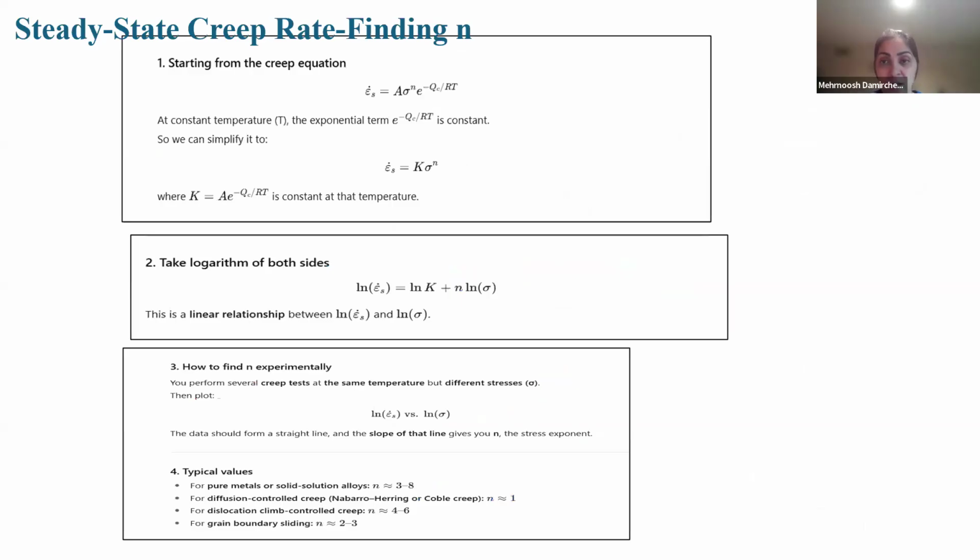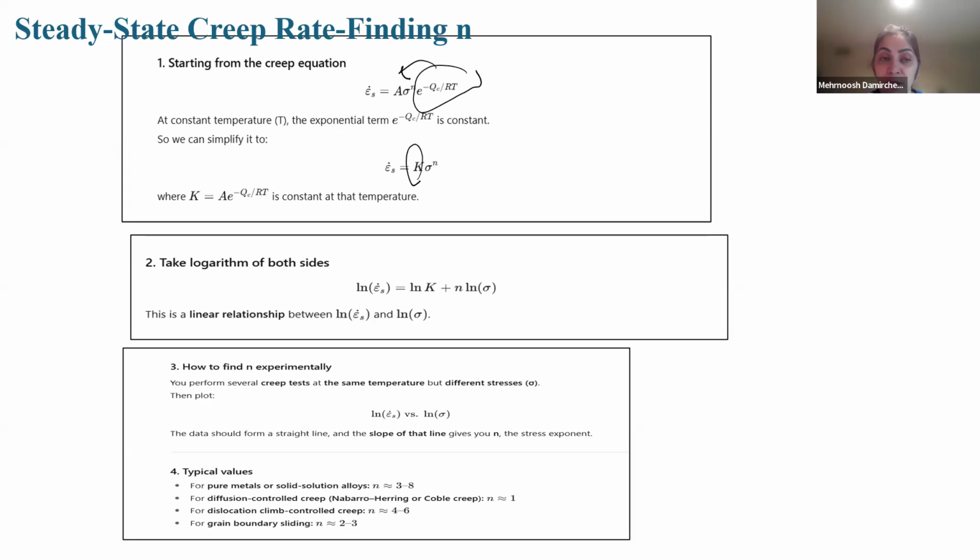Okay, if you remember from the previous slide, epsilon dot is a constant times sigma to the n times e to the minus Q_C per RT. If the temperature is constant, then Q_C per RT is constant, and multiplying by A gives another constant, K. If we want to find n, what should we do?